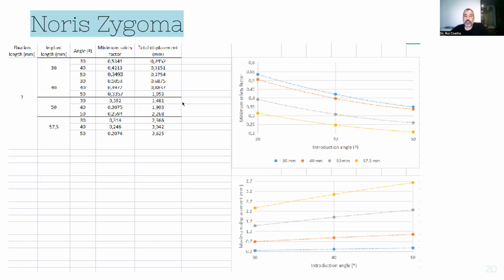The displacement goes the other way, okay? And the displacement is 240 microns for the smallest one. And if we go to the 57.5 at 50 degrees, we can get 3.6 millimeters of displacement, okay?